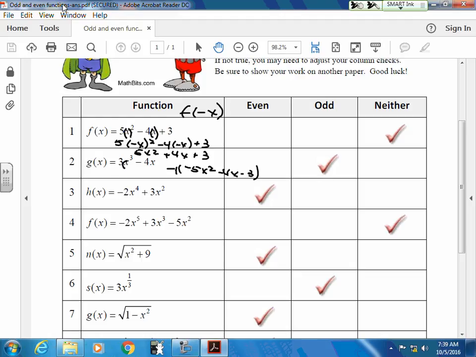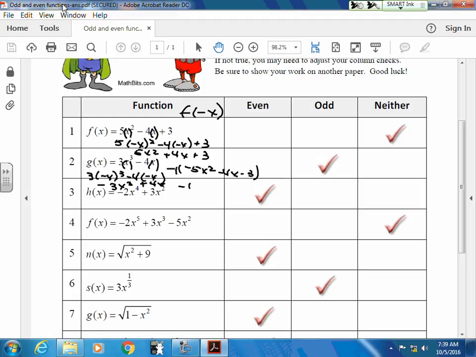Let's plug it into this guy. So that happened to be a neither. None of them matched. So this one says this is going to come out to be a negative because it's a cube to an odd power. This is going to stay where that negative is going to cause this to be a positive, 4x.